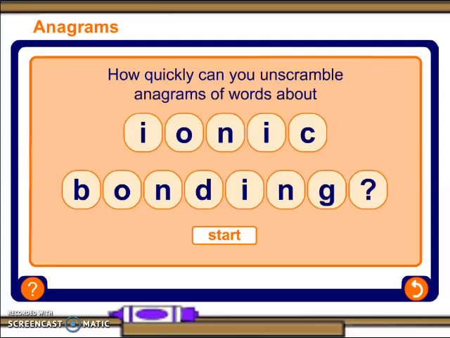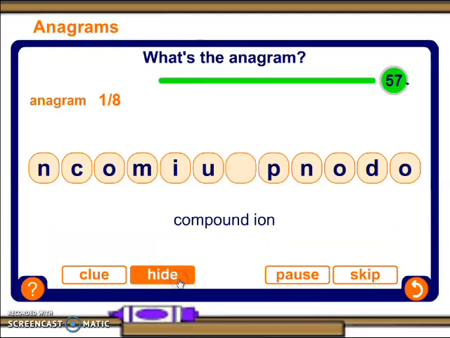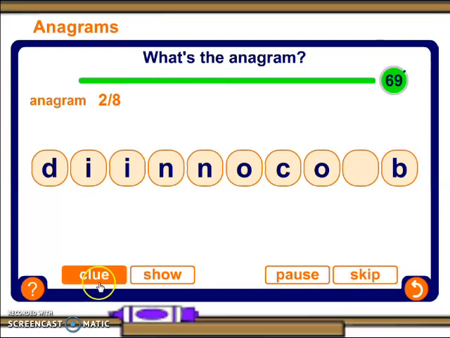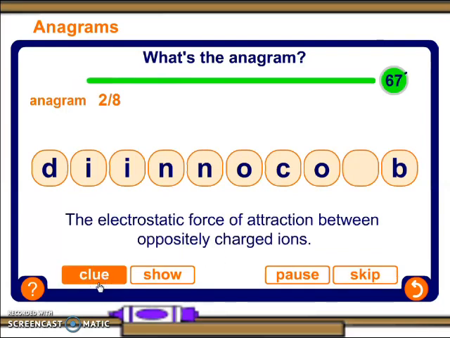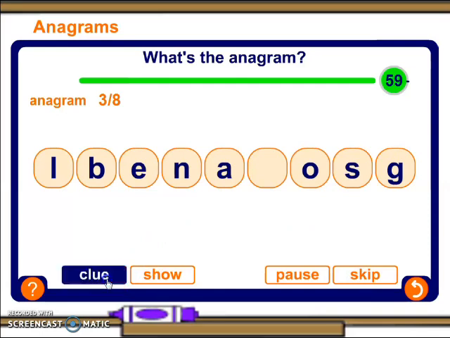Let's unscramble the words about ionic bonding. 1. An ion made up of a group of atoms rather than one single atom. The correct answer is compound ion. 2. The electrostatic force of attraction between oppositely charged ions? The correct answer is ionic bond. 3.